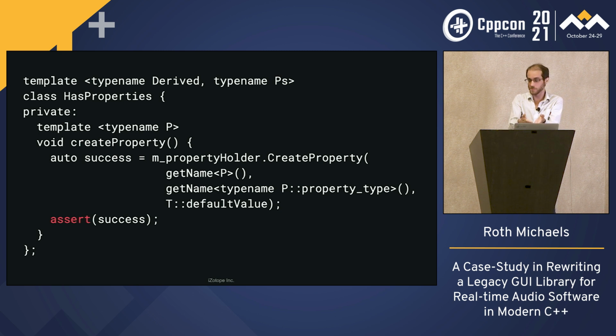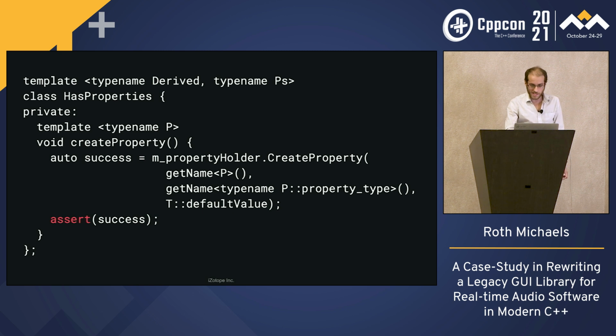And again, using the same stuff we built up before, we're going to get the name out of P. So in this case, it might be text, in the case of our button text. And then get name on the property type to say std string. To create our button text property, we want to pass text, std string, empty string as the default value.